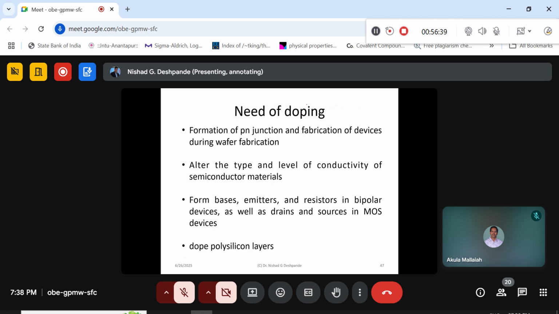So naturally, in this third step, we are going into the doping processes. Why do I require it? Because I want to make PN junctions out of it. I want to change the conductivity, the resistivity, the region, either N type or P type. I want to go for a source formation, a drain formation, a gate formation. Whatever it is, I need some kind of doping at that particular region.